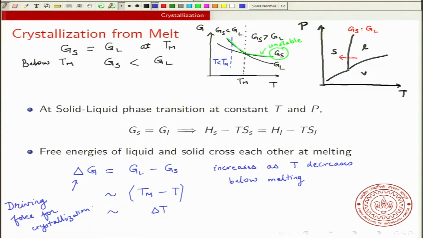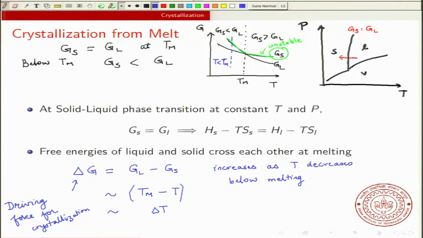In other words, what we are saying is that the reason the material crystallizes when you are below this temperature is because delta G is greater than 0. So if you want to imagine how fast it is crystallizing, then you could easily imagine that there is a quantity like delta G which tells you how much lower than the melting point you are, and that tells you how fast it will crystallize.